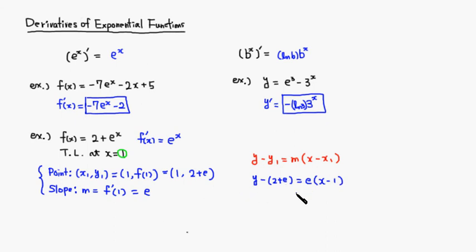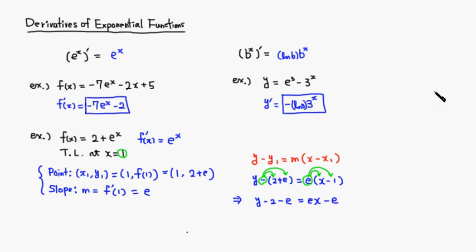If you want, you can simplify this a little further. You can distribute the negative sign to 2 and e. We have y minus 2 minus e is equal to, and also distribute e to x and negative 1, so that's e times x minus e.